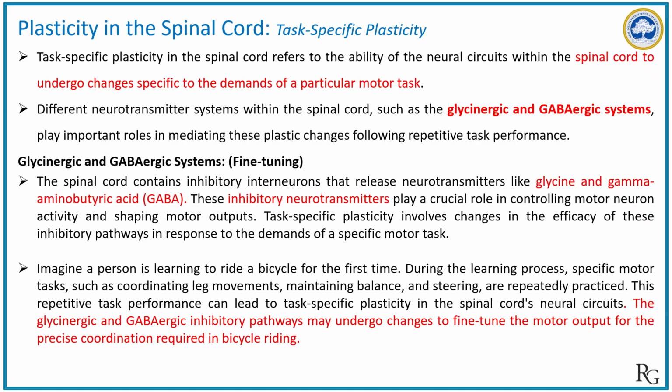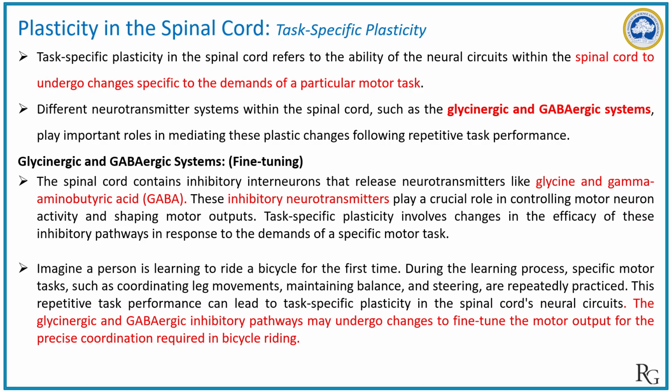The spinal cord contains interneurons that release glycine and GABA. These chemicals are inhibitory, which means their job is to block or reduce the transmission of signals, and this helps in controlling the motor neurons' activity and shaping smooth, coordinated movement.